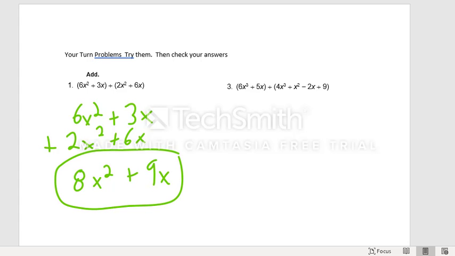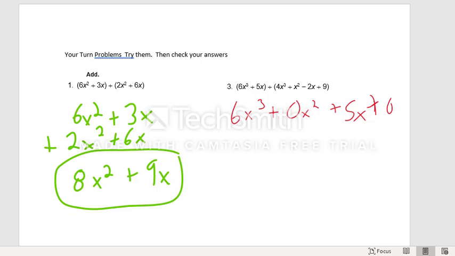You can do it horizontally or vertically, it's up to you. All right, the next one. If we write them vertically, 6x cubed plus, well, there's no x squared, so let's put a 0x squared plus 5x, and there's no number at the end, so plus 0, or you don't even have to have that if you don't want.